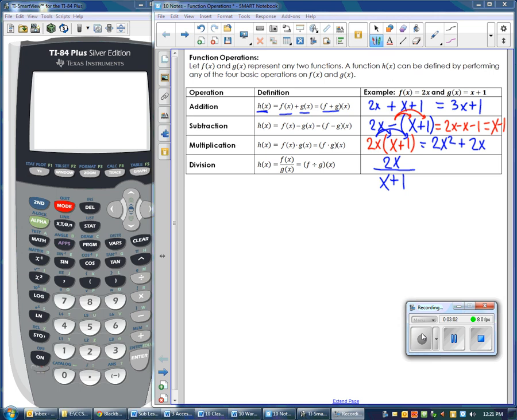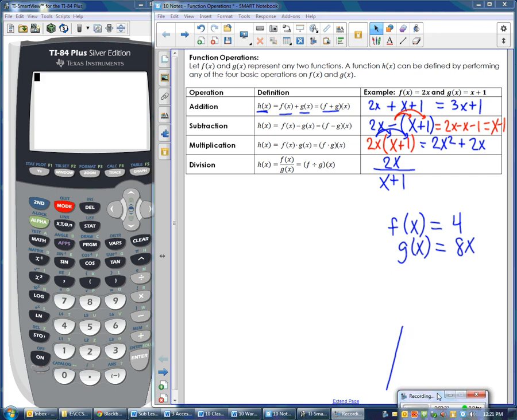So for example, if f of x was 4 and g of x was 8x, and I wanted to divide these, this would be f divided by g of x.